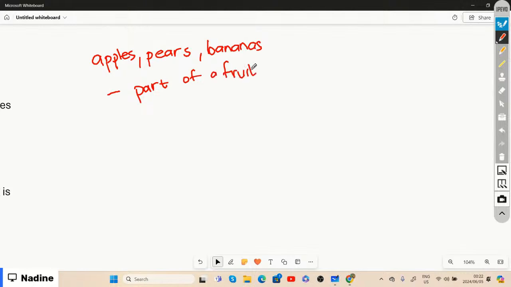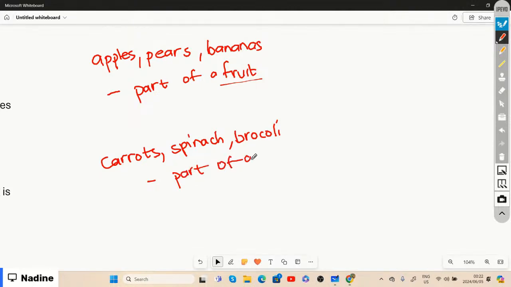Or if we make mention of vegetables, and then we can maybe say your carrots, your spinach, your broccoli, right? And then we say these are part of a vegetable, right? So these are all parts of vegetables, right?